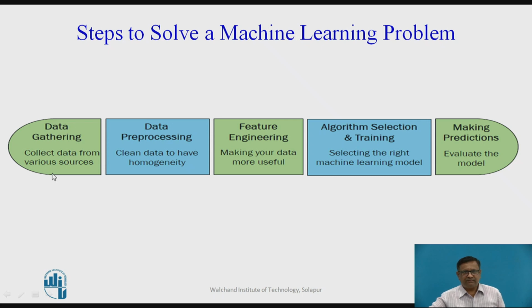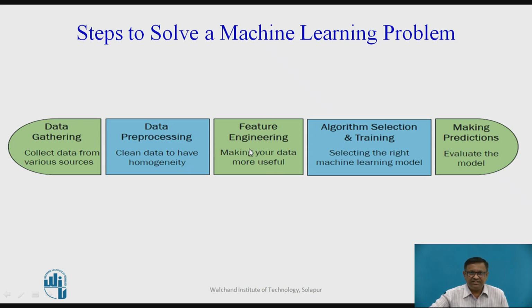We collect data from various sources, and then we need to clean the data to have homogeneous data, and that is called data pre-processing. Then we have, as we studied earlier, feature engineering. That means you adjust the features, or we can say outliers, imputation, scaling.